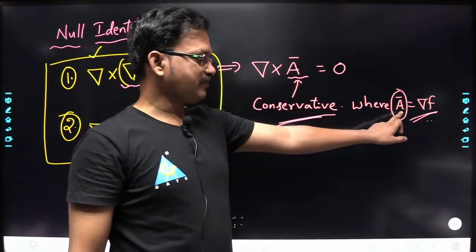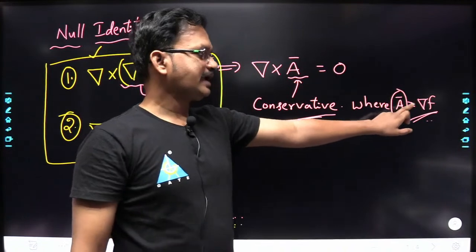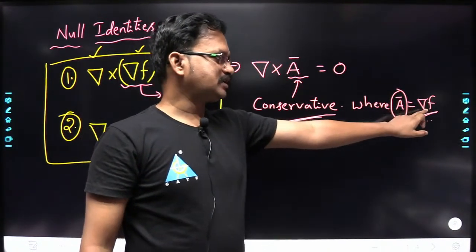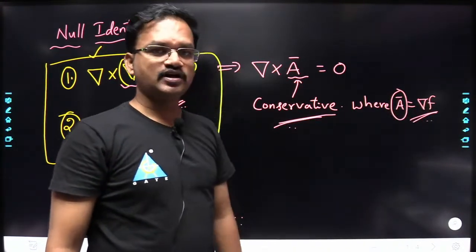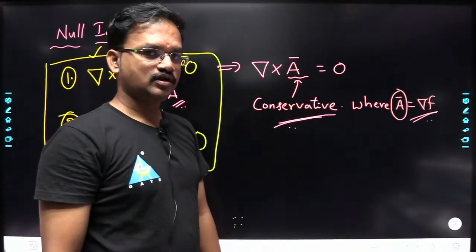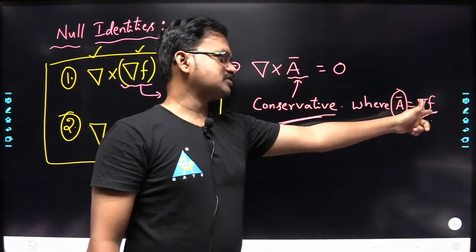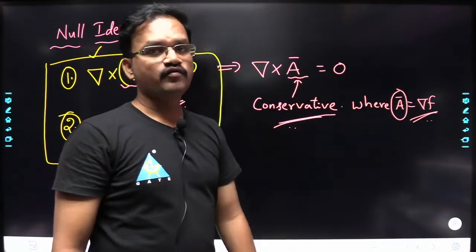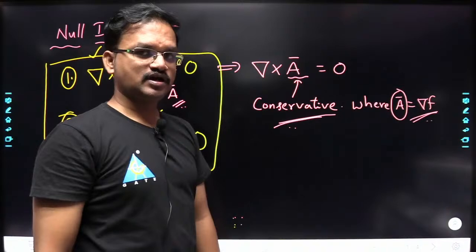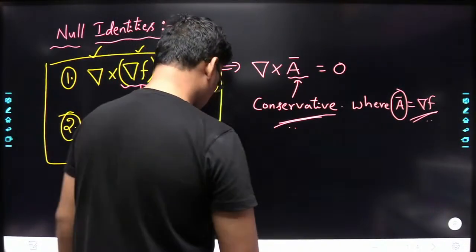So any conservative field can be represented as gradient of a scalar function. Yes or no?